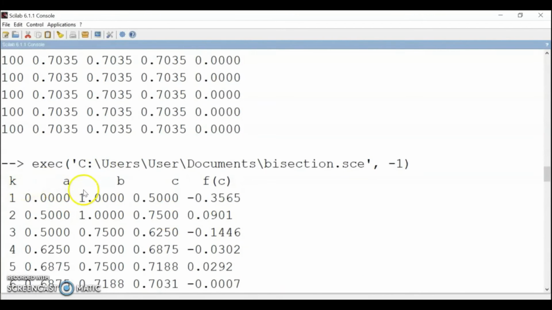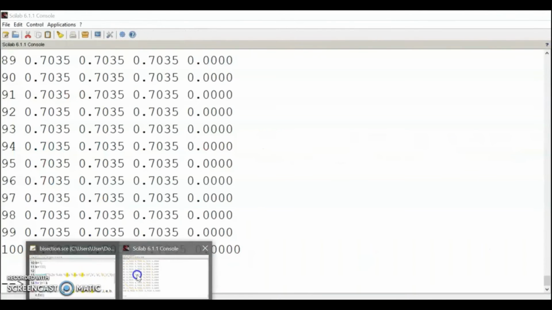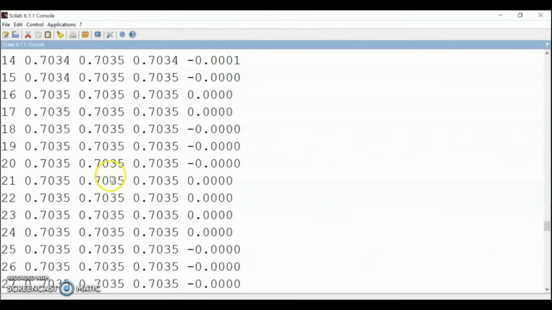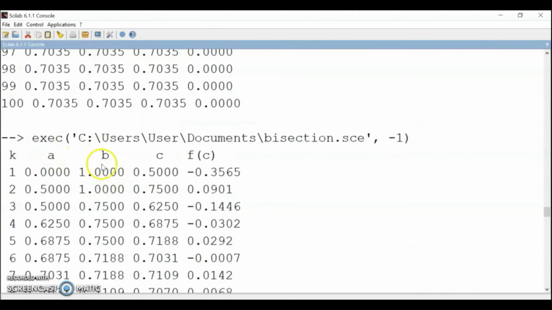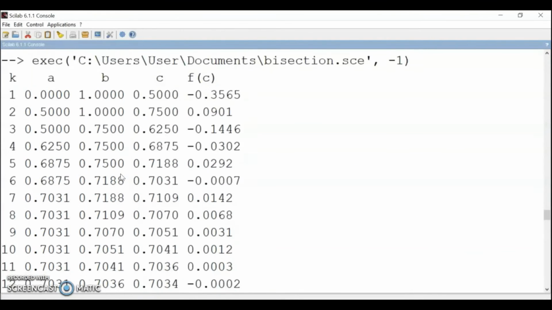Okay, you need to adjust A and C a little bit. So I'm just going to put 4 starting with A. Let's try that now. Is that good? I think it's okay, right? What happened here? We can see that the root converges.